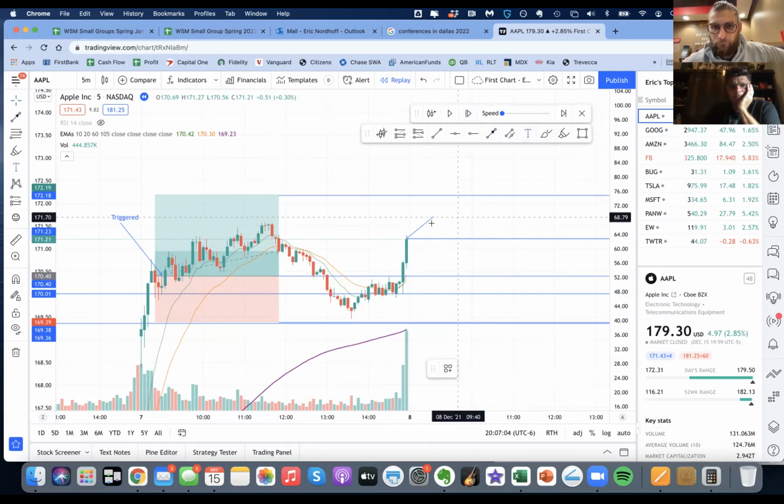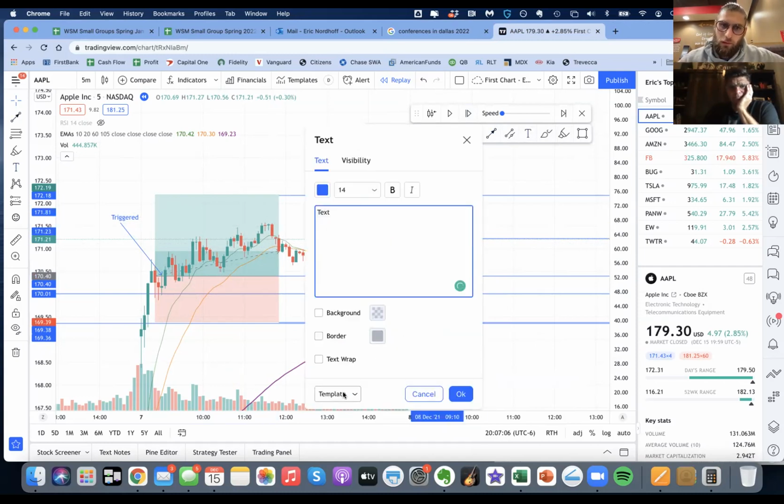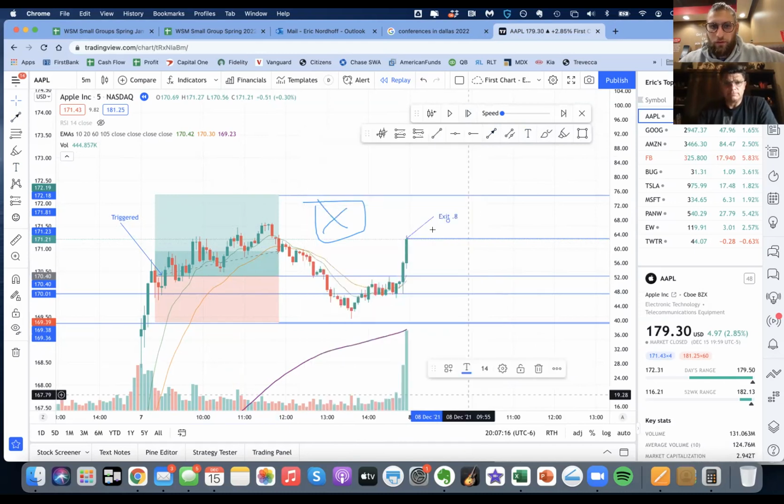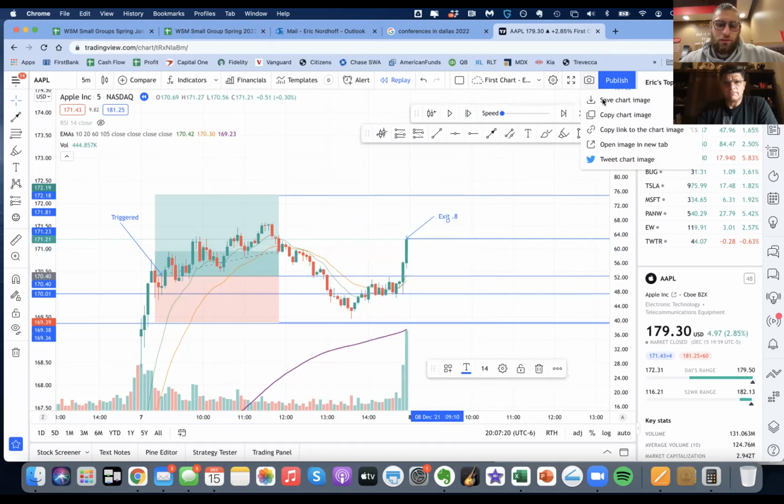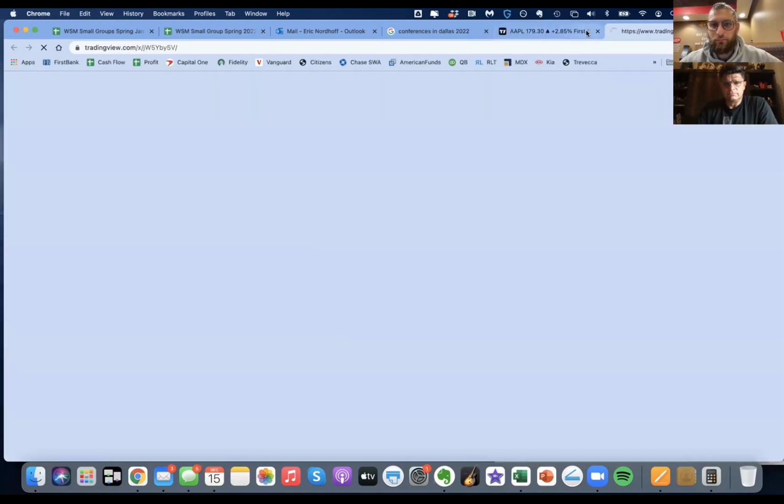Well, you didn't technically get stopped out, so just type exit and then 0.8, because that's how many R's it was. Now you're good. You're done. Now you can do your chart image, and you can go in and type in all your data.